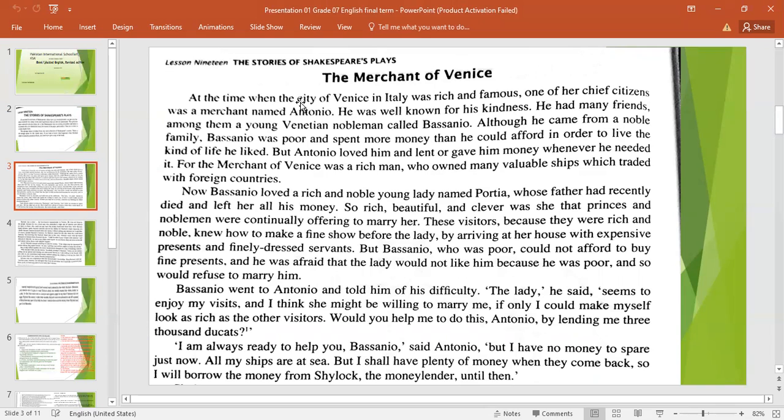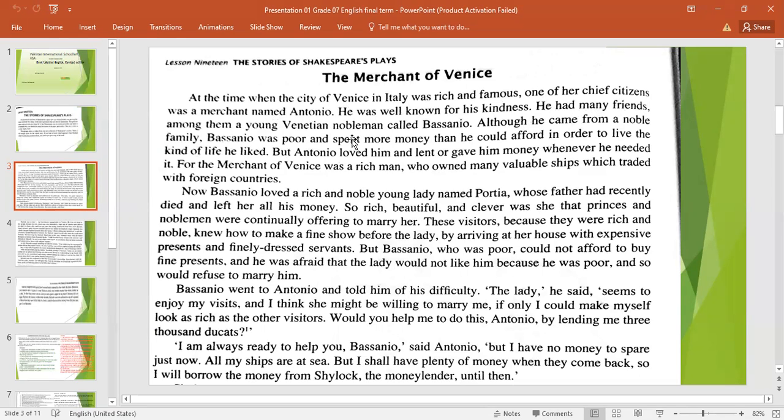At the time when the city of Venice in Italy was rich and famous, one of her chief citizens was a merchant named Antonio. He was well known for his kindness. He had many friends, among them a young Venetian, who belonged to Venice, a nobleman called Bassanio.